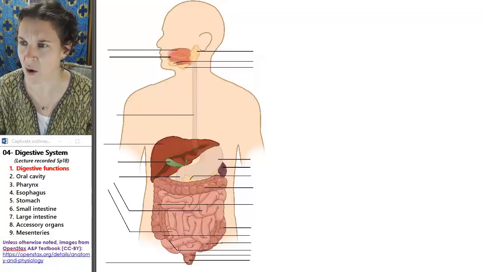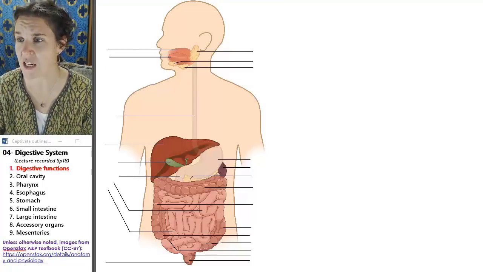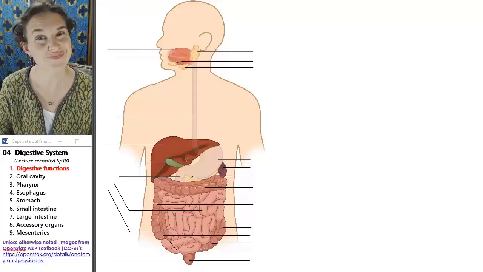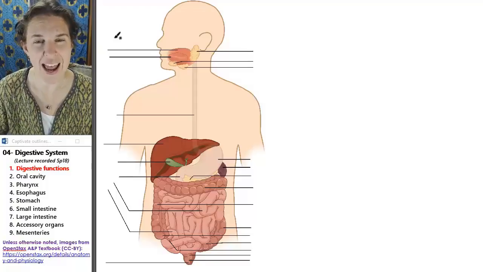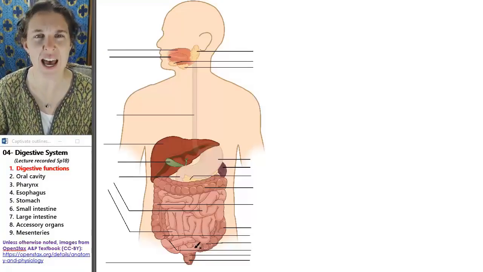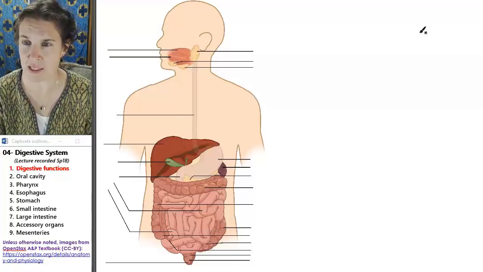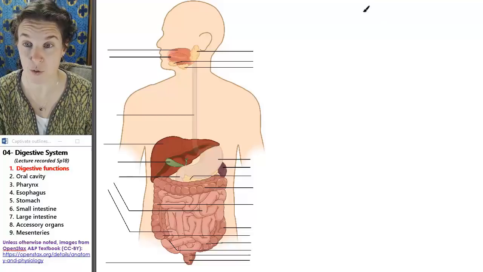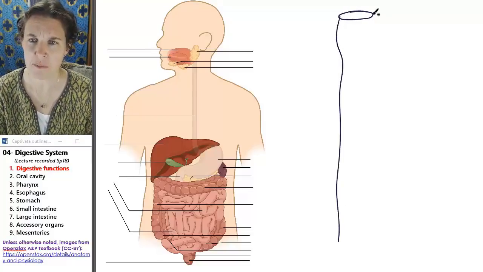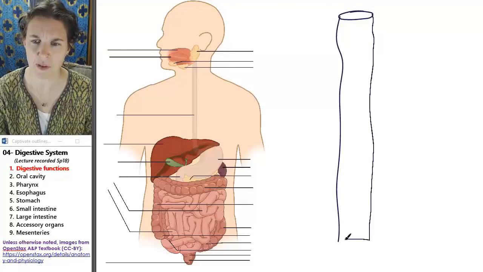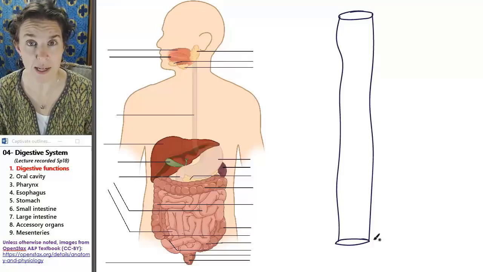So let's start out with an overview of the functions of the digestive system. And because my brain just works this way, I have a diagram of the anatomy of the digestive system here, but I'm going to do a Riggs-style, more diagrammatic view, and it probably looks familiar because it's the tube within a tube body plan.